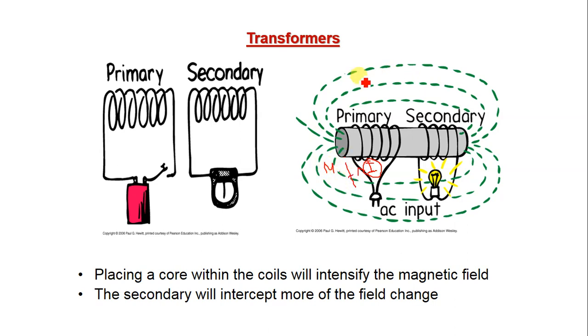It's represented by these green lines. So this magnetic field is produced around this whole coil of wire and the iron core.